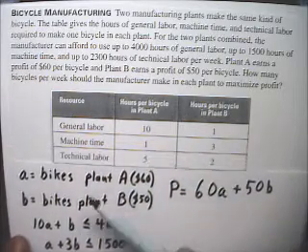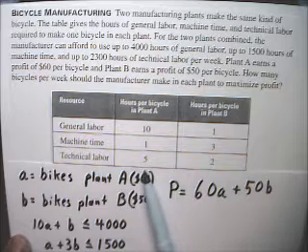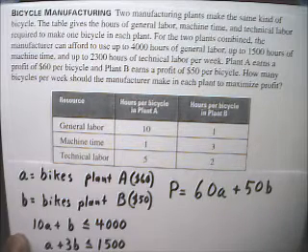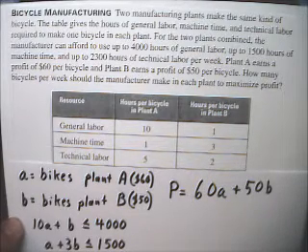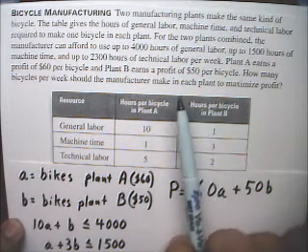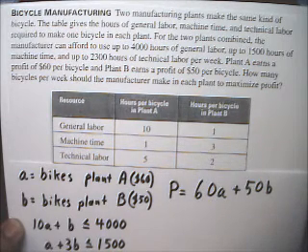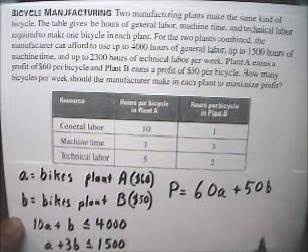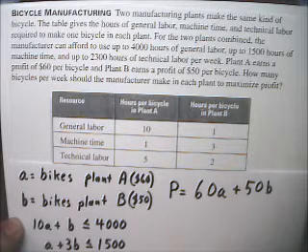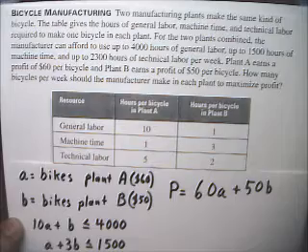And the technical labor, that has to be 5 times A, and this is 2 times B, so 5A plus 2B, and that has to stay less than or equal to 2,300 hours. And also A has to be greater than or equal to 0, and B has to be greater than or equal to 0.